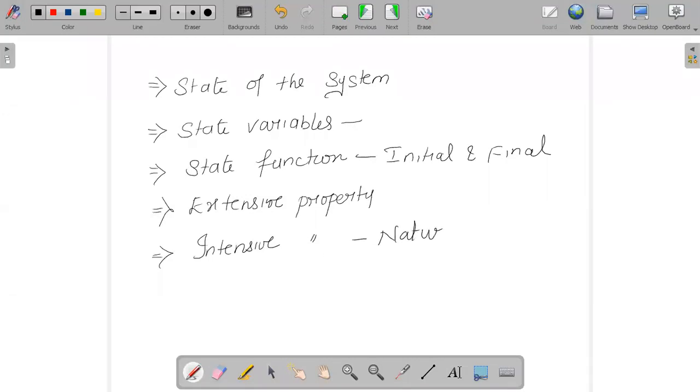So you can easily differentiate between extensive and intensive: extensive depends on the quantity, intensive depends on the nature. For extensive property the nature of the substance does not matter, but for intensive it is very important. For example, density and viscosity are intensive properties.